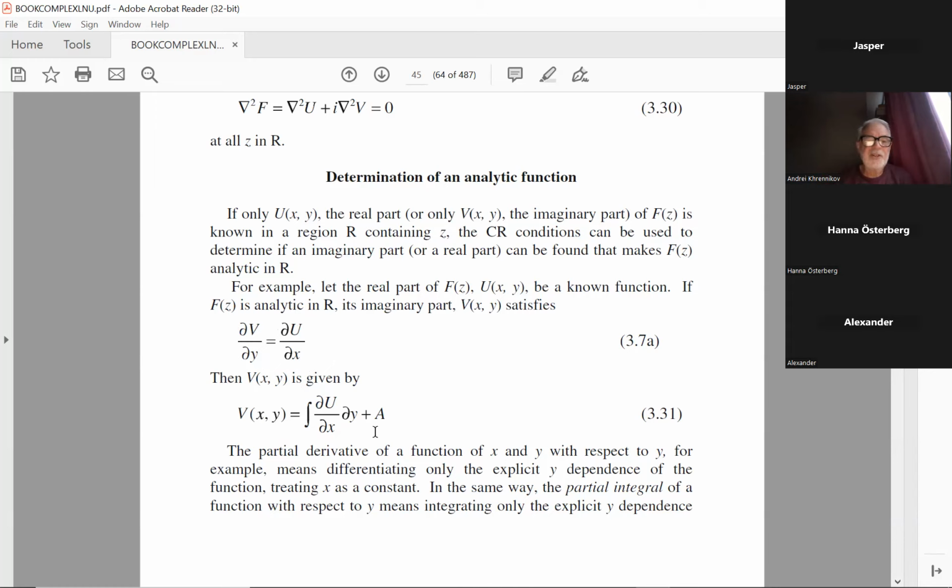So we get this integral, but X here is a parameter, and this is an important point. So X is constant, and when we integrate, we don't pay attention to X. We just integrate this as a function of Y. X is frozen. But the most interesting thing is that this A is not just a constant, as in your usual analysis. It's a function of X, because X is a parameter. Since this depends on a parameter, this A is also dependent on the parameter.